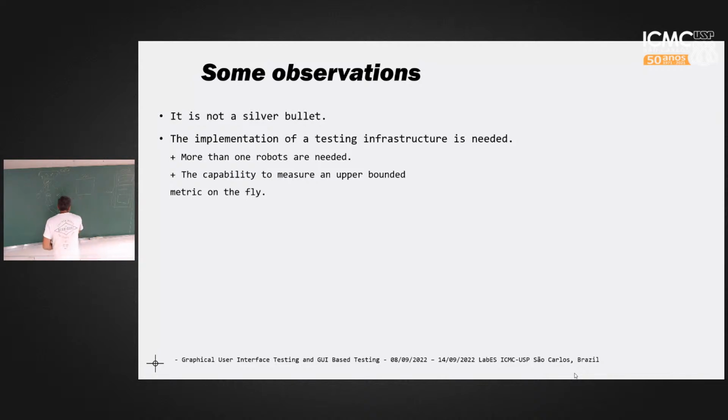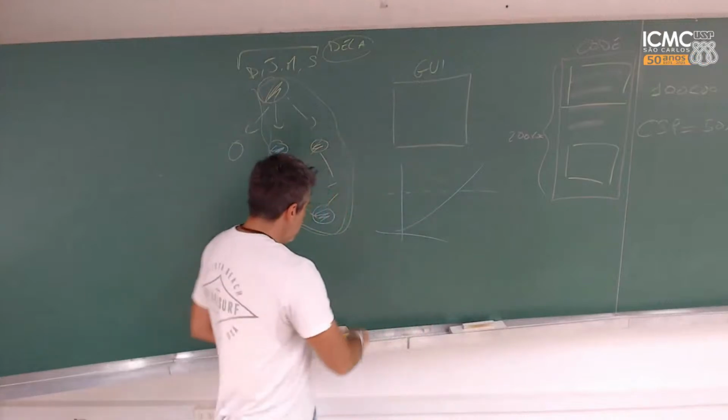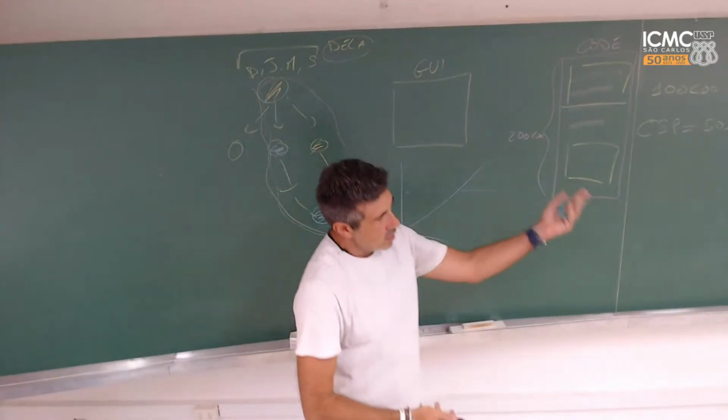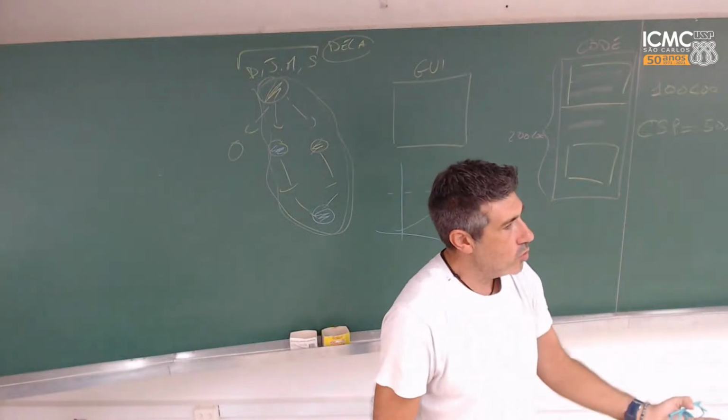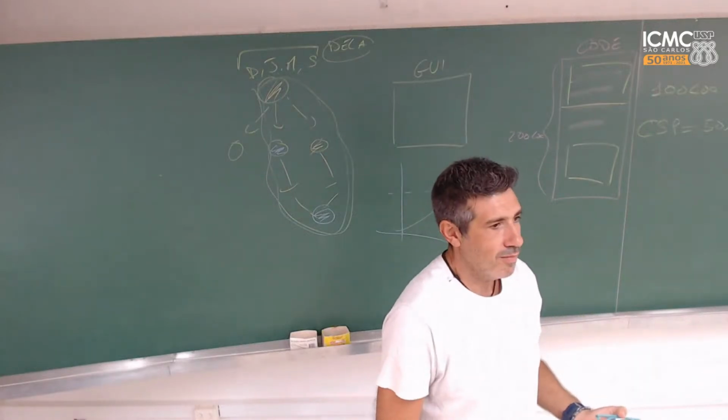You can have a function that diverges. You need an upper bounded metric. This is why in this process I used the code coverage, because the code coverage is upper bounded. Okay?